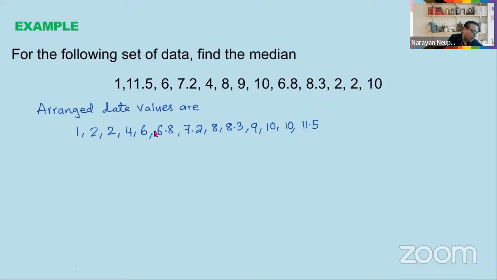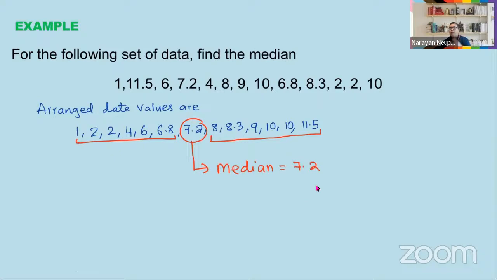So 1, 2, 3, 4, 5, 6. These are the 6. And also count 6 from the other side. 1, 2, 3, 4, 5, 6. So you can see that here we have 6 data values. Here we have 6 data values. What is there in the middle? 7.2. So what is the median? Median is equal to 7.2.